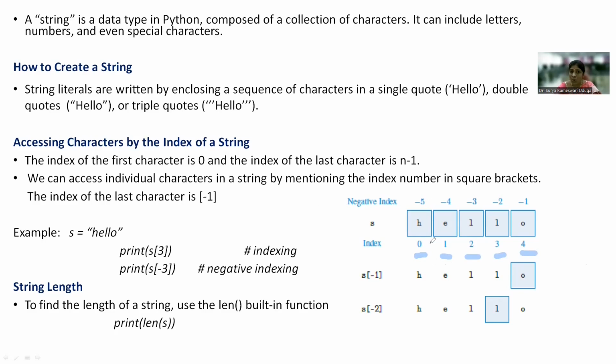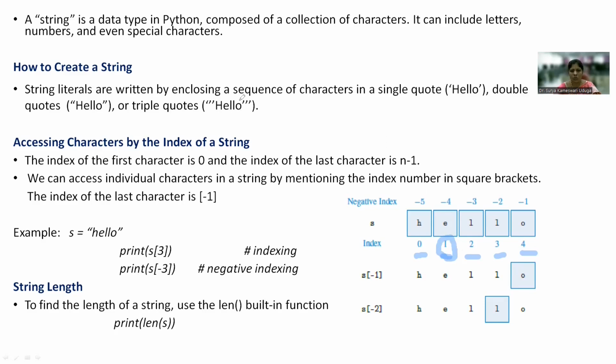How to access a particular character from a string? Suppose I want to access the character E from the string s. We have to observe at which index location the character is stored. Here, at index location 1, the character is stored.